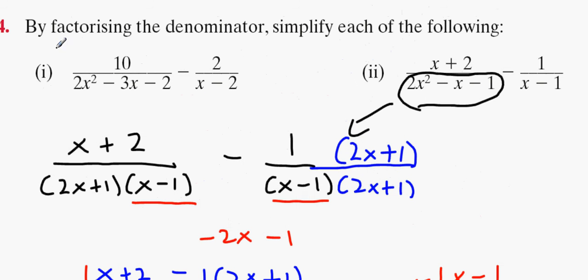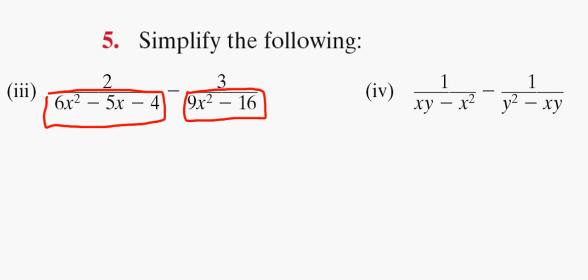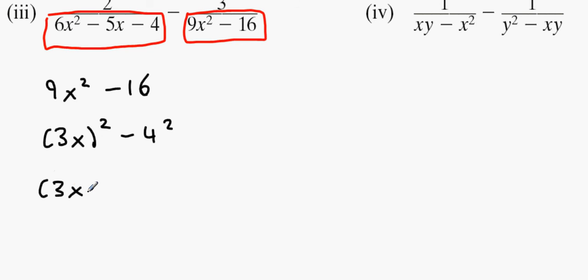Okay. Next one. The next one involves two different factorizings. We have to factorize the first part, and we have to factorize the second part. So I'll factorize 9x squared minus 16 first. That's going to factorize into 3x squared minus 4 squared, which ends up being 3x plus 4 into 3x minus 4.